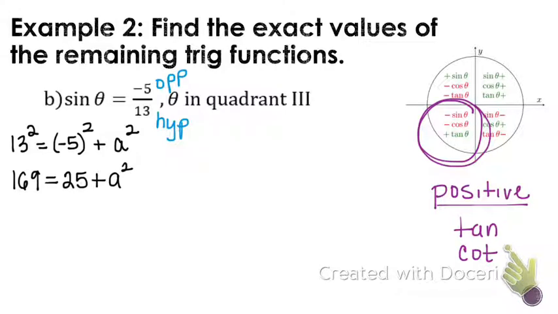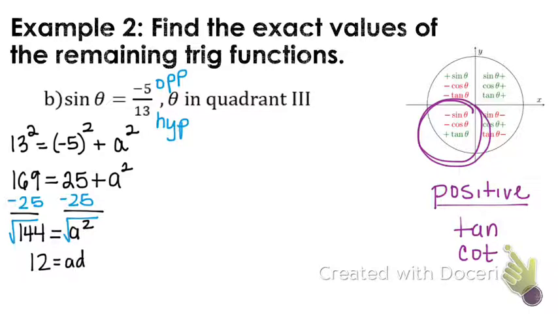So now we're going to subtract 25. 144 equals a squared. 144 is a perfect square. And the square root is 12. So we just figured out that 12 is my adjacent side. So I now know all 3 sides.